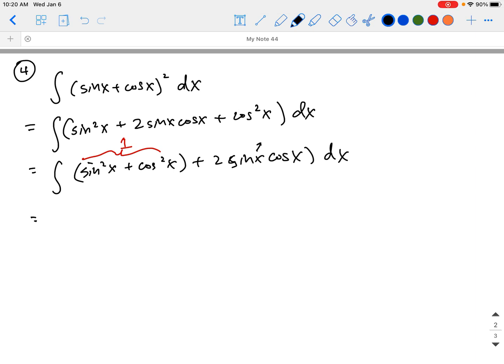And we could use the fact that this is sine 2x, that double angle identity I mentioned the other day, but let's just leave it as is so that we can just work it out. So we'll split this. So this is going to be the integral of dx plus the integral of 2 sine x cosine x dx. So there's just a 1 here, but we don't have to write the 1 in.